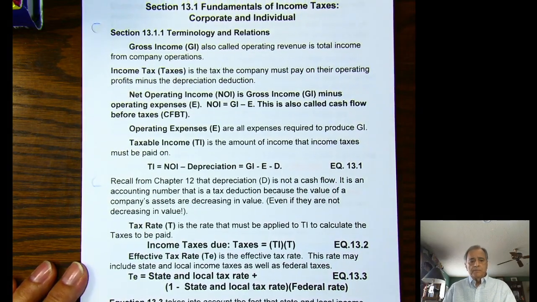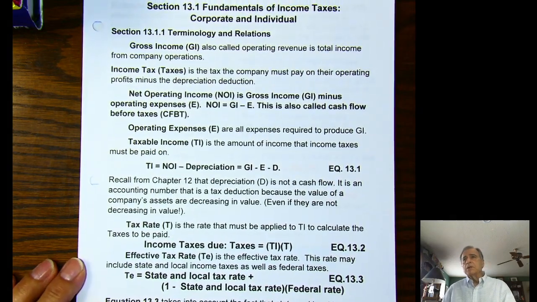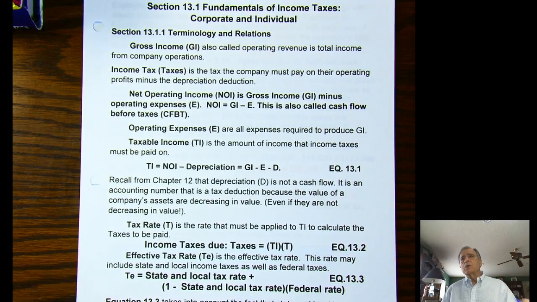So we'll get right into the terminology that's required. Again, this course is more associated with economics and finance, and so there's a whole new vocabulary for you to learn to master the course.